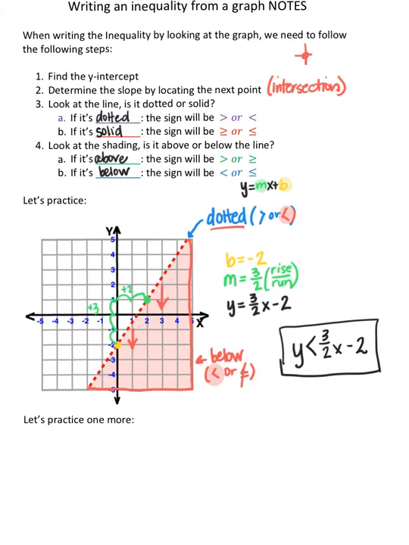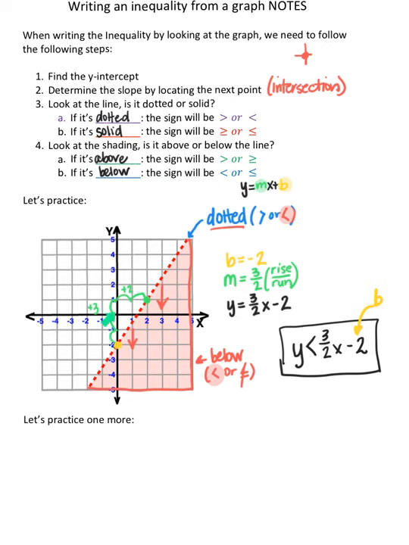So now, if I were to reverse it and I said, okay, graph y is less than 3/2 x minus 2, I know to graph my y-intercept first, or my b, which is right here. I would graph that first, which would be right here, where I had it before. And then my slope was 3/2.